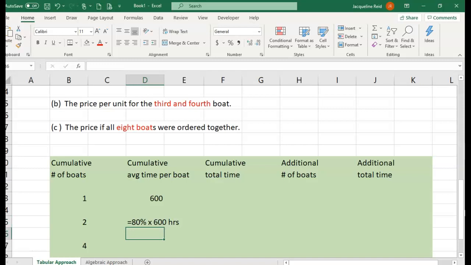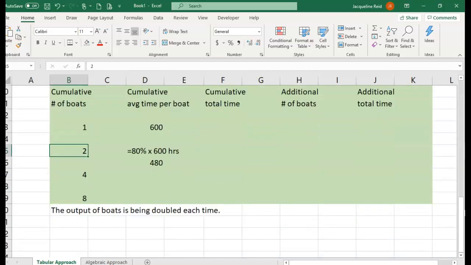So it means that the average time for each of these 2 boats is 0.8 multiplied by 600, 480 hours. Now, what does 480 hours mean?